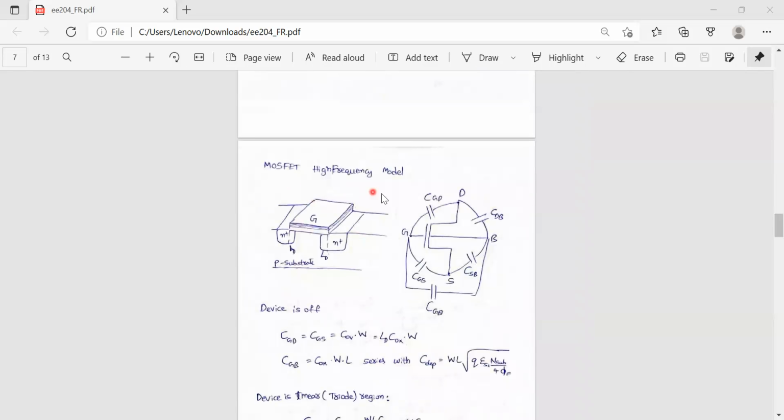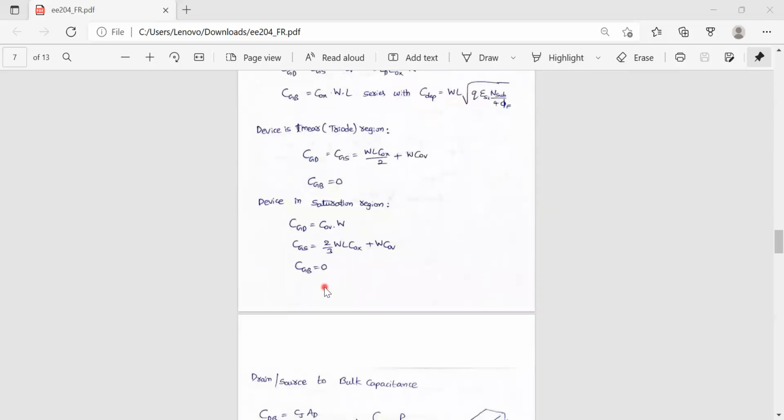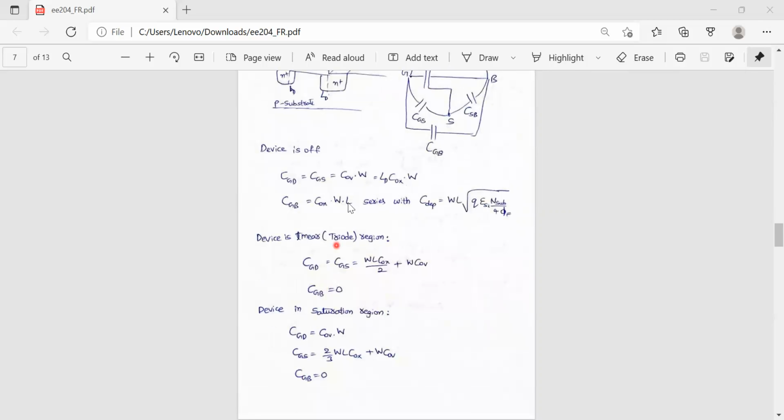For MOSFETs, we consider four types of capacitance between the D, G, S, and B. For different values, we calculate when the device is off, when the device is in triode region, and when the device is in saturation region. We get CGD as this formula. CGB, we will get this formula.